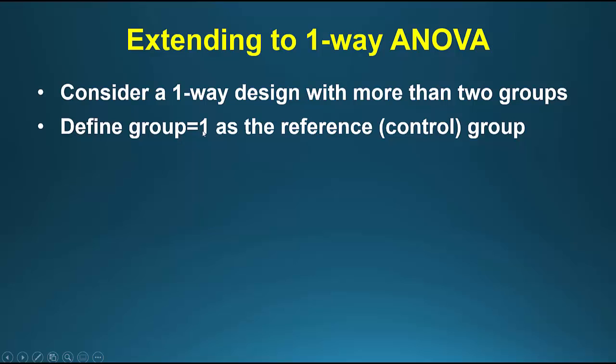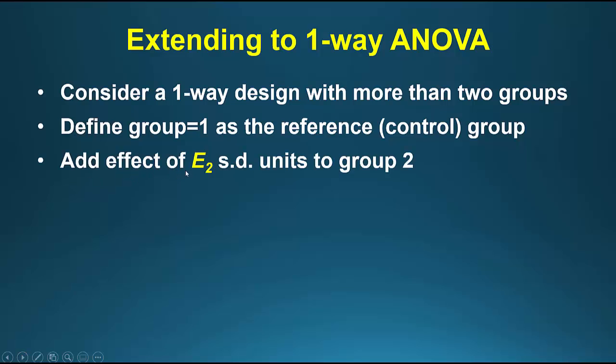We're going to define group 1 as the reference, or maybe our control group or comparison group. And then it's just an extension of what we've done before. We can add an effect of E2 standard deviation units to group 2. That might be positive or negative relative to the 0 baseline that we've built in so far.